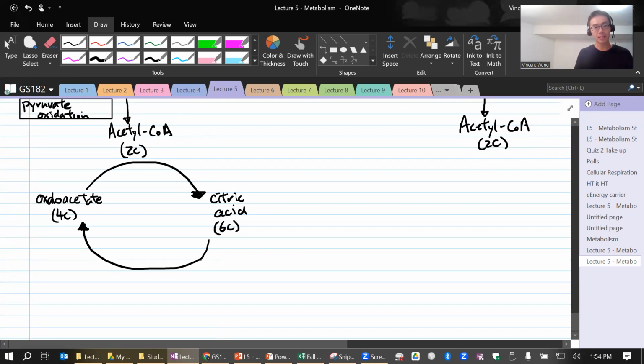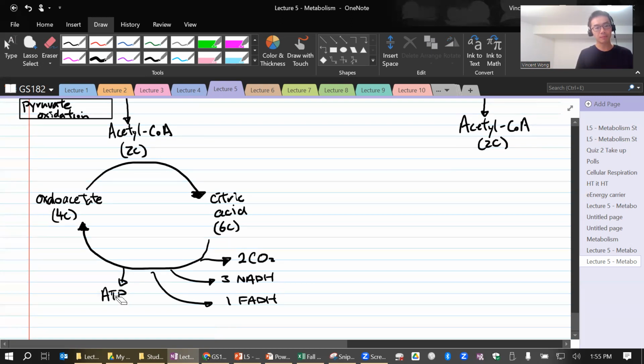Okay, so in the process, a couple of things come out. Right, we have 2 carbon dioxide. Okay, we have 3 NADH, because electrons are being given off, right? So we have to capture them. And we're going to have 1 FADH. And also, we're going to have an ATP.